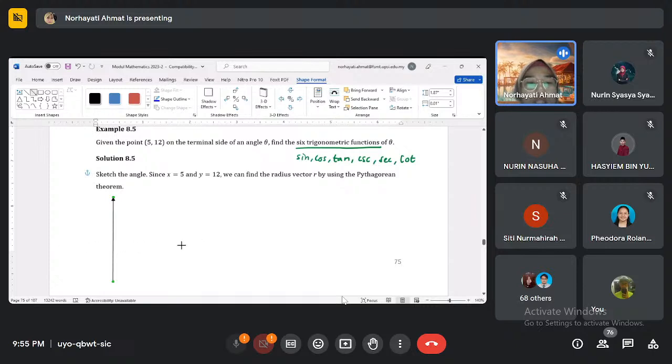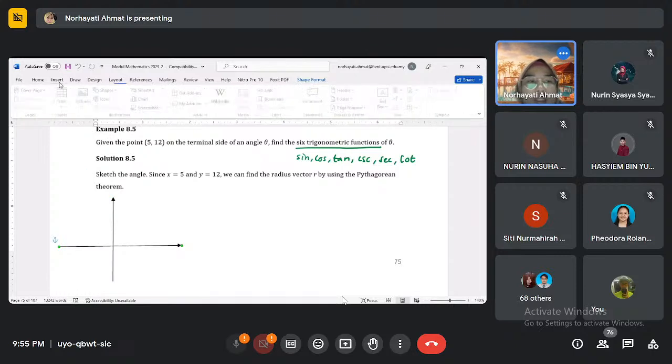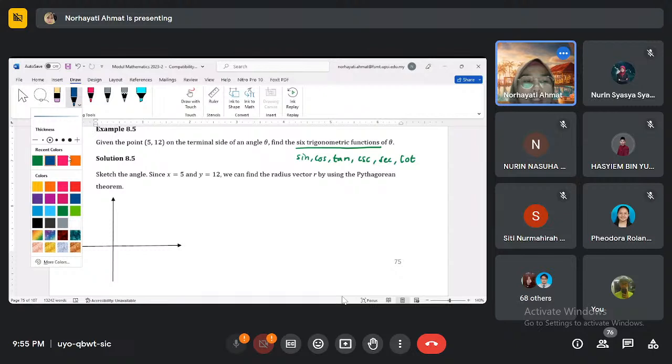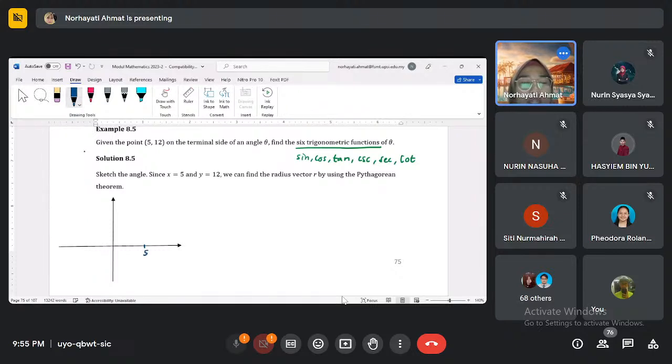Where is the point, class? Dekat mana? (5, 12). Which quadrant is the point in, class? X is 5 and Y is 12, kat sini. So the point is in the first quadrant.